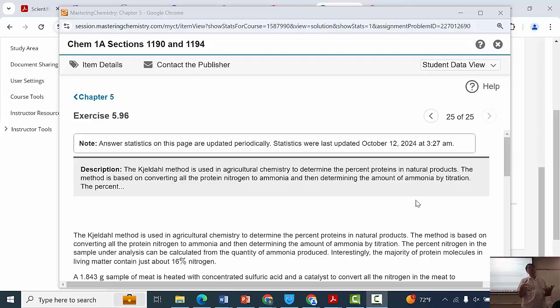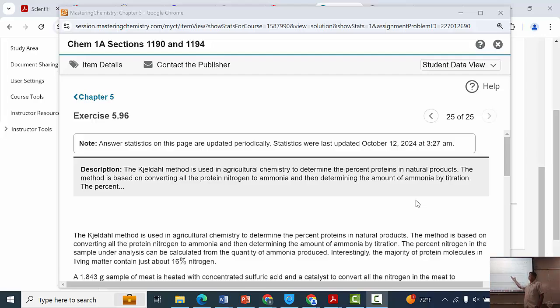And since the method wasn't determining how much protein but how much nitrogen, it artificially boosted the amount of protein in the food. But unfortunately, people didn't find out until a lot of pets had died. I don't know exactly how many pets died from that food, which was adulterated with melamine.